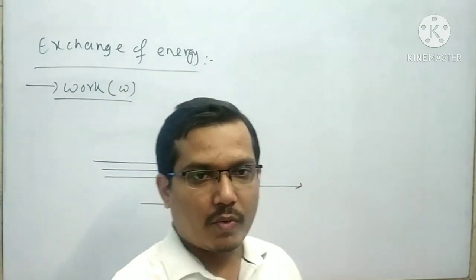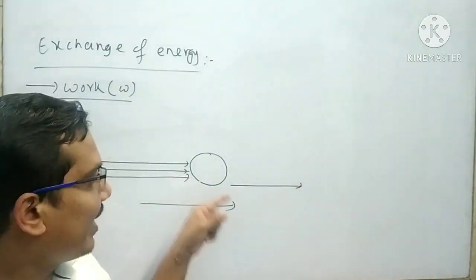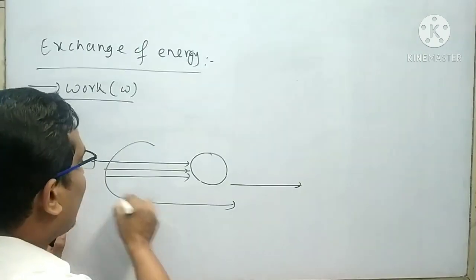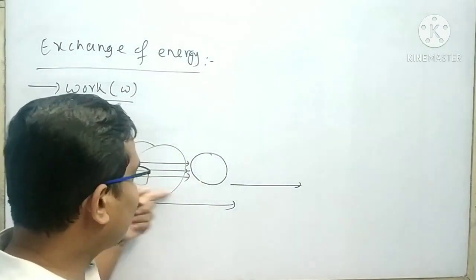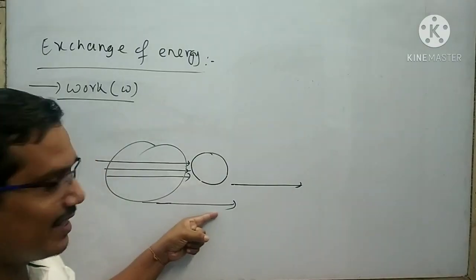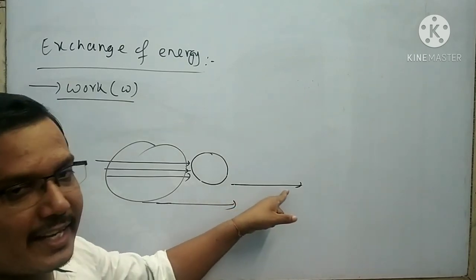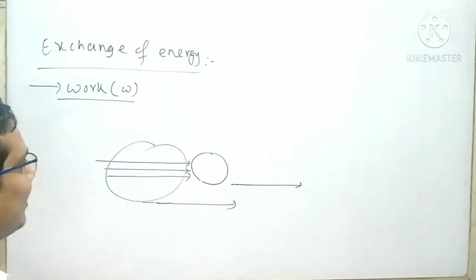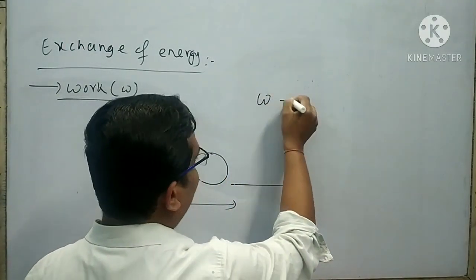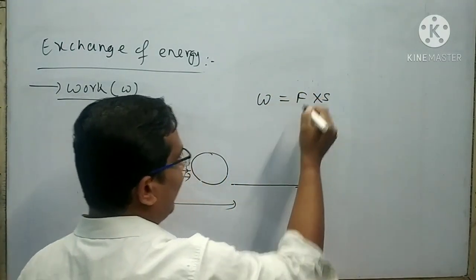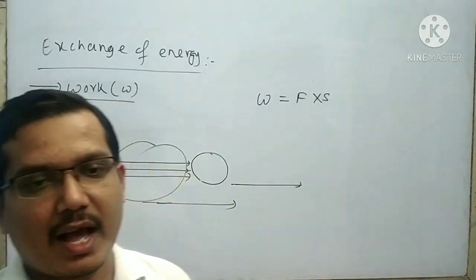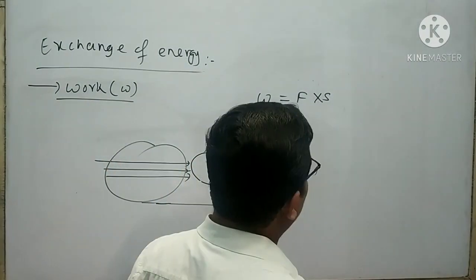So remember, work is said to be done when a body is displaced by the application of force in the direction of force. This is the direction of force, this is the direction of displacement of the body. Generally, we can write W equal to F into S, where F is the force, S is the displacement.